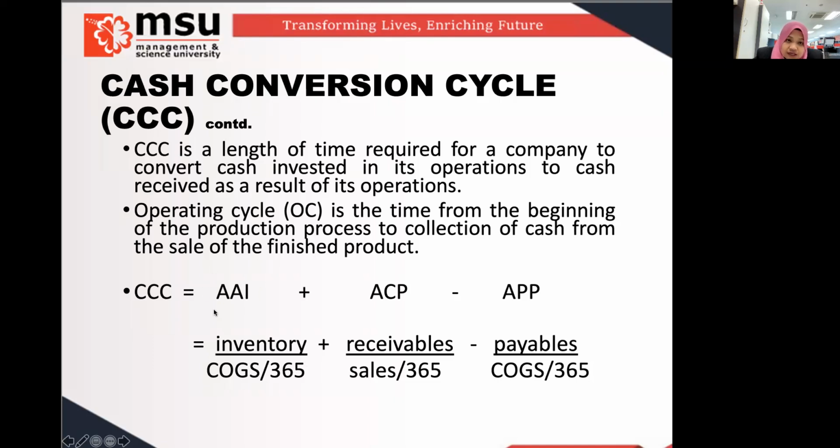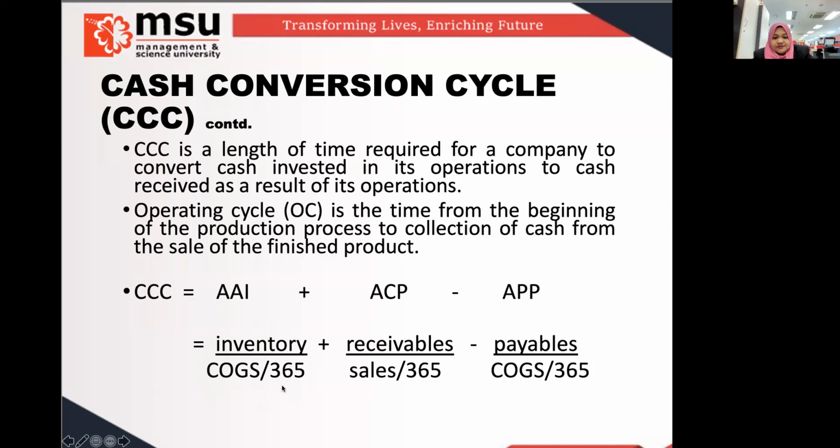The formula is inventory, the figure in the statement of financial position, divided by cost of goods sold, which is available in the statement of comprehensive income, divided by 365.